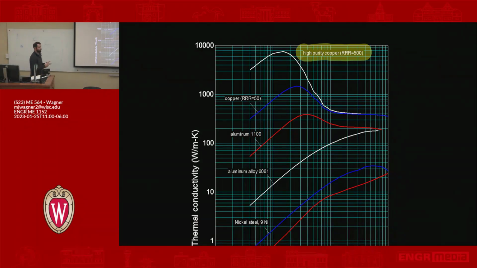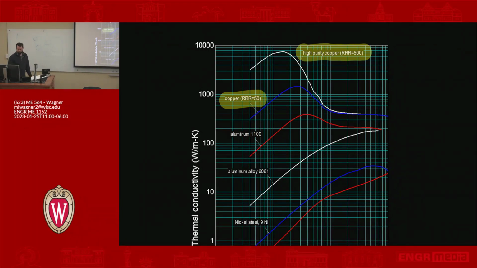High purity copper has very little impedance to the movement of electrons, and it has a ton of electrons available to move. Right? So high purity copper, you're going to be transporting heat and electricity very well. Regular old copper here, not quite high purity. It's a little bit worse, but still very effective.